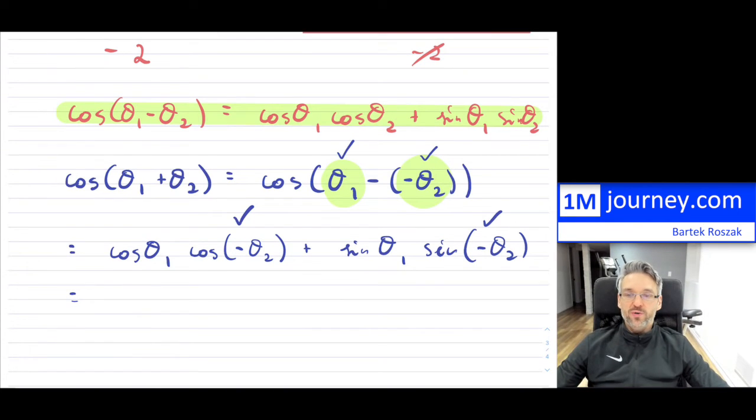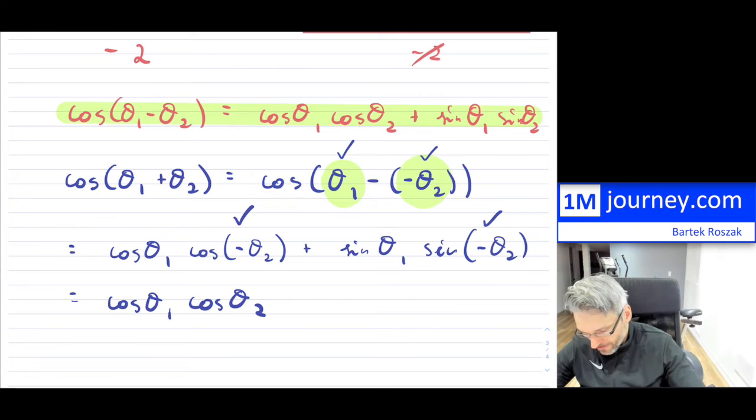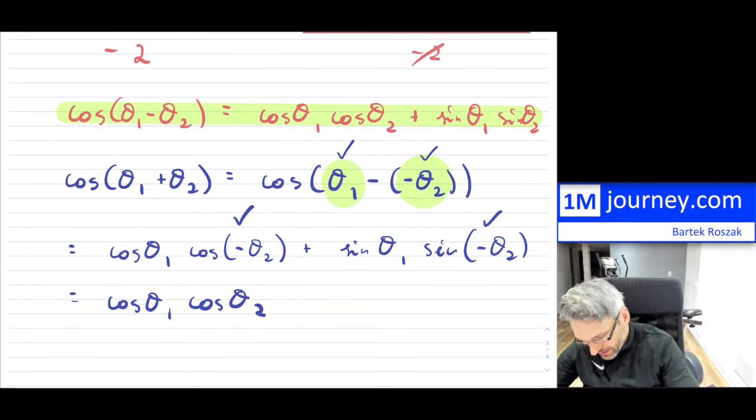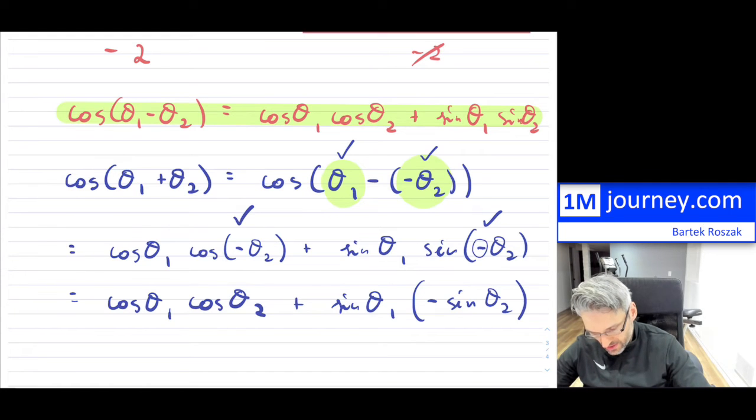We know that cos is an even function, so this is going to be cos theta 1 cos theta 2. And we know that sine is an odd function, so the negative in here can come out in the front. So this is going to be negative sine of theta 2 because it's an odd function.